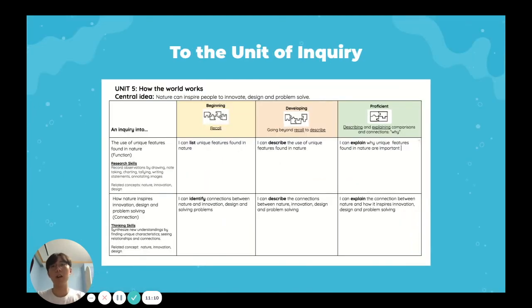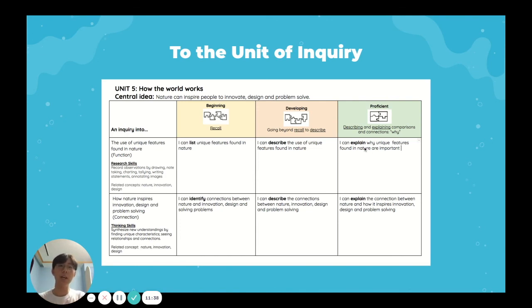Now let's bring all of this back to the unit of inquiry. Through this lesson, first you can list unique features found in nature, the properties of water, and also the properties of water being illustrated in plants. And you can also describe the use of unique features. So in this case, plants, and there are also many other instances where the forces of water act in real life.